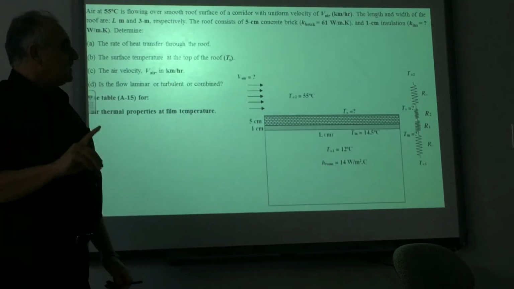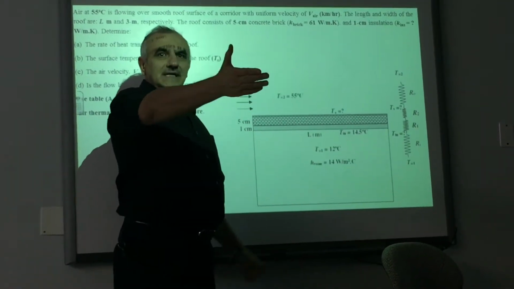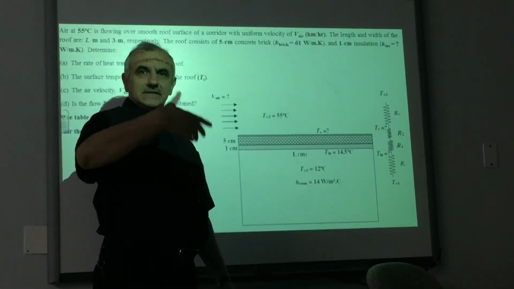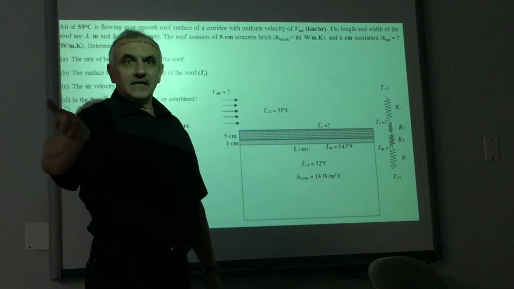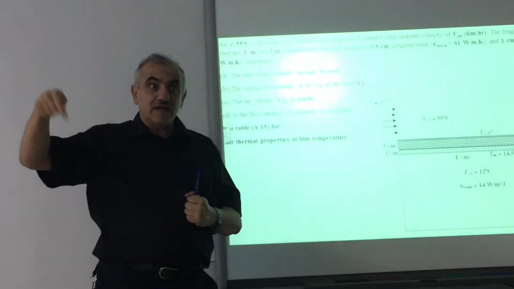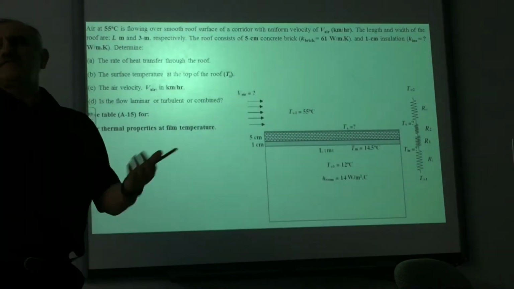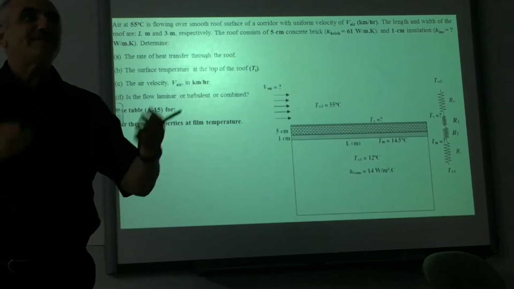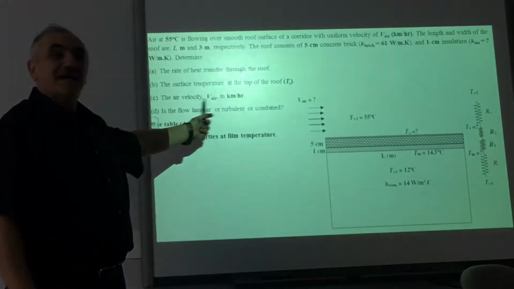Second, because L, also the missing data, is given differently between you and your friend. When you want to calculate the Nusselt number, h times L over k, you have different h and different L. So you have different Nusselt numbers, and you get a different Reynolds number when you apply this part.